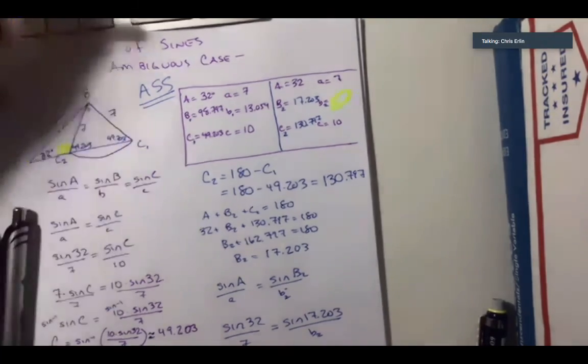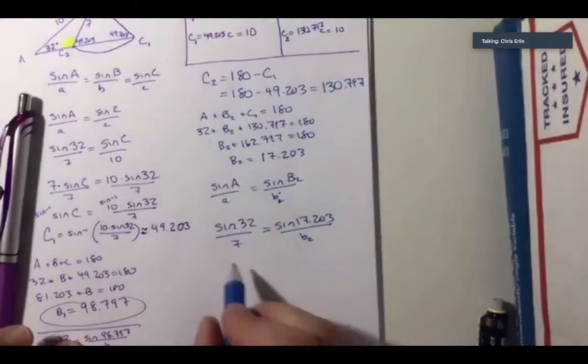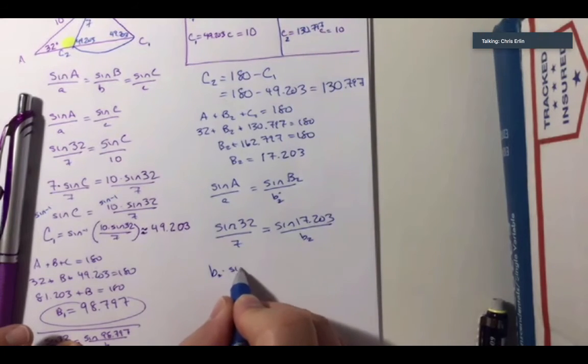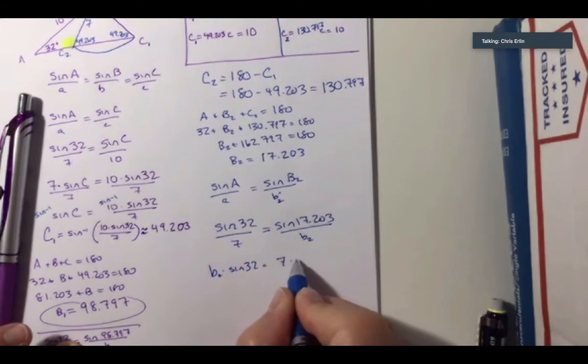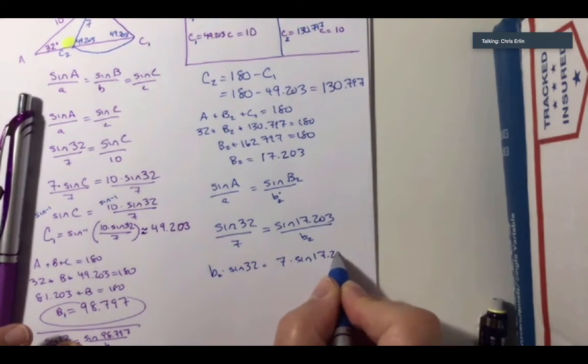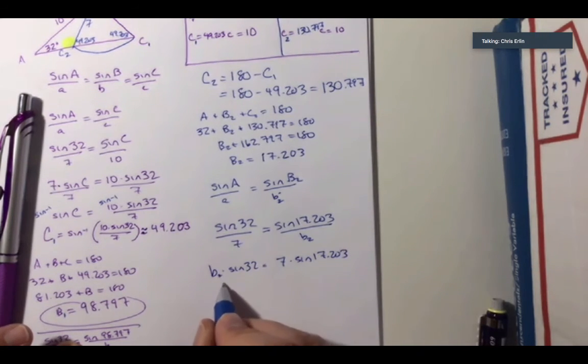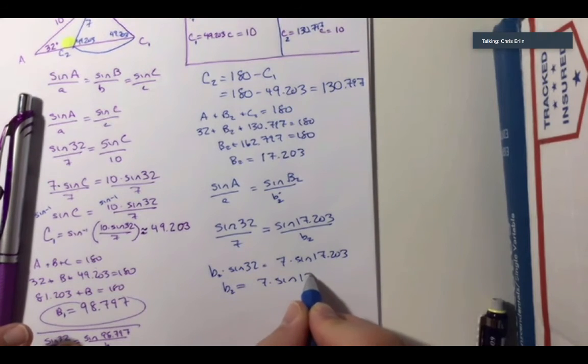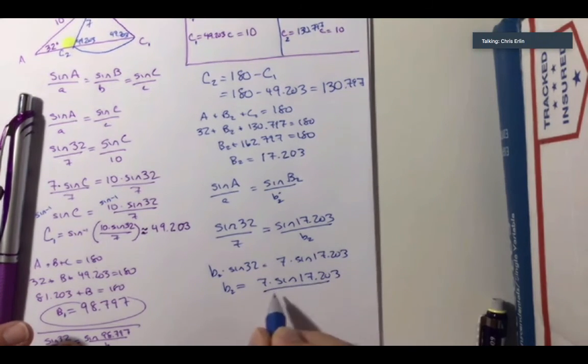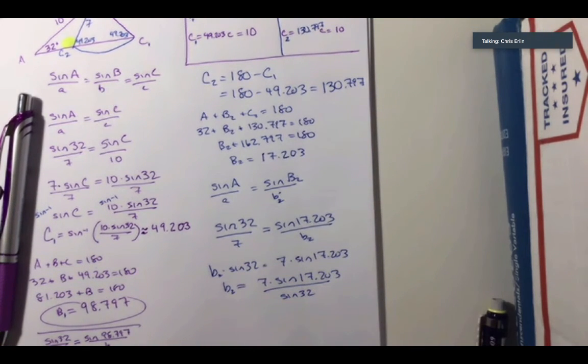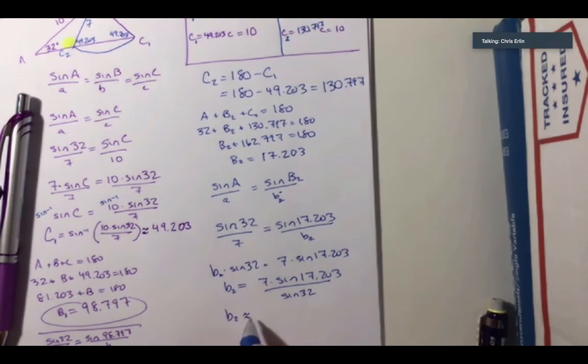Cross multiply to solve. b2 times sine of 32 equals 7 times sine of 17.203. This has been multiplied, so I divide. b2 is equal to 7 times sine of 17.203 divided by sine of 32, which gives me that the b2 value is approximately 3.907.